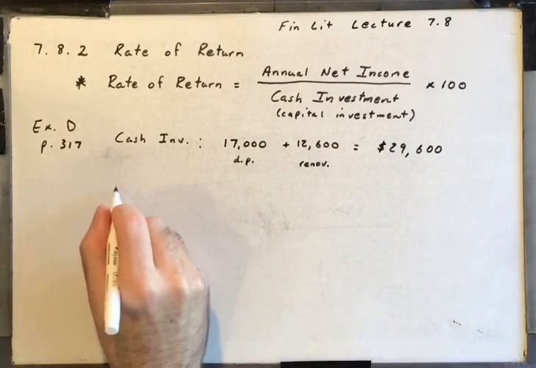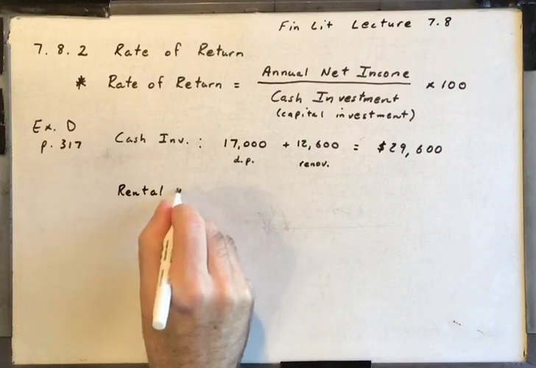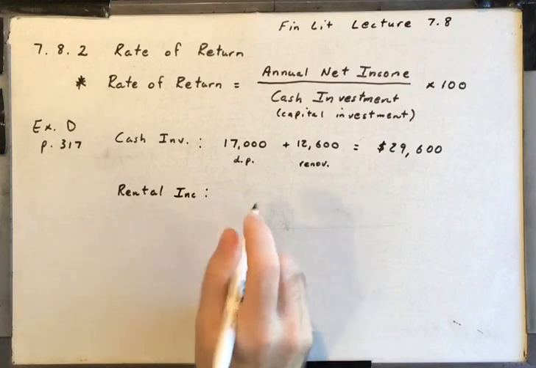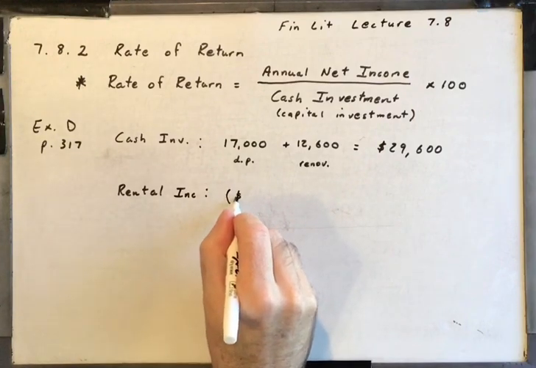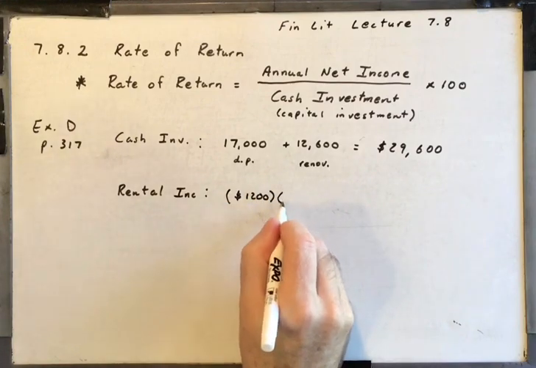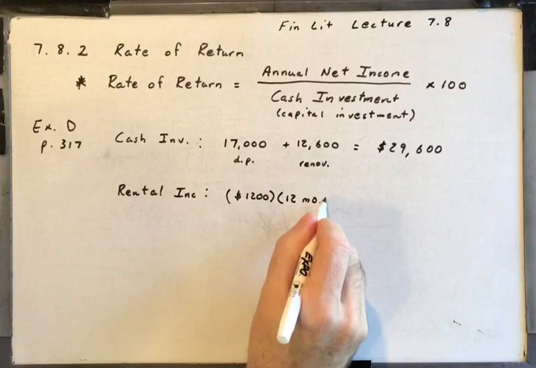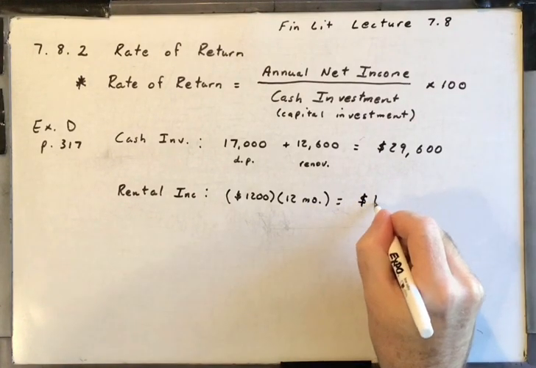All right, she has a rental income. So she is able to rent it for $1,200 a month. And then, of course, that'd be 12 months. That's $14,400 a year.